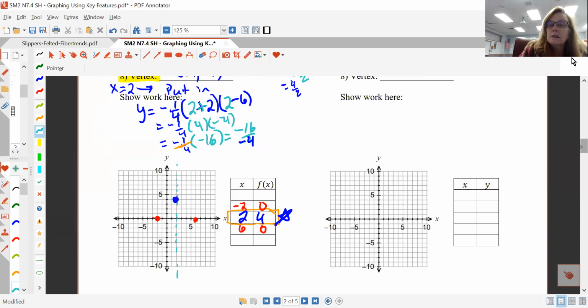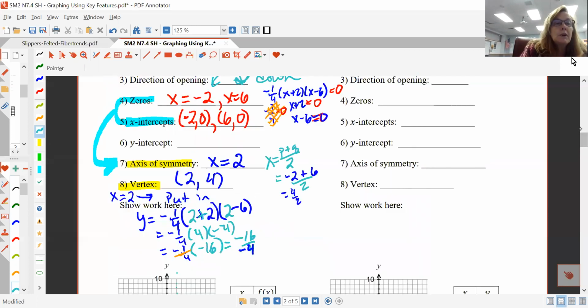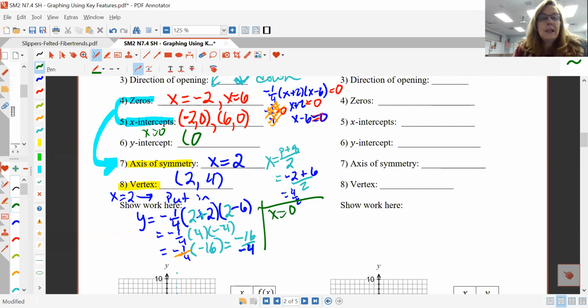Okay. All right. So I do want to find the y-intercept. That's where x is 0. So 0 is my first value. Again, I just put that in.